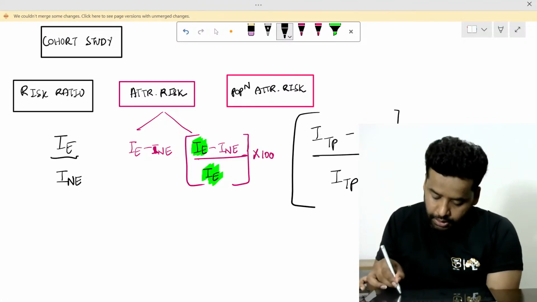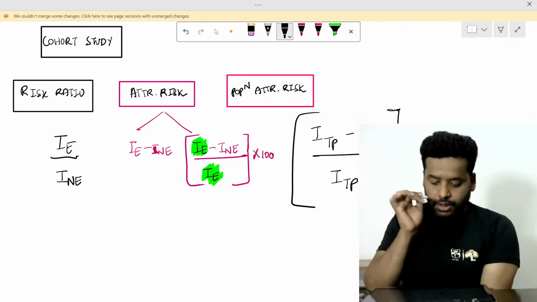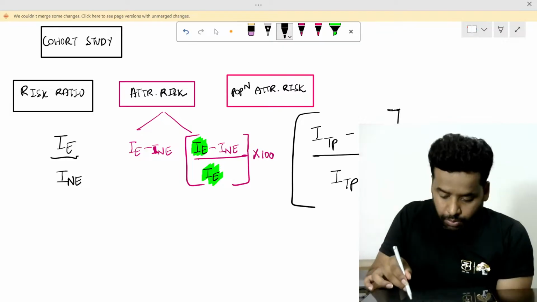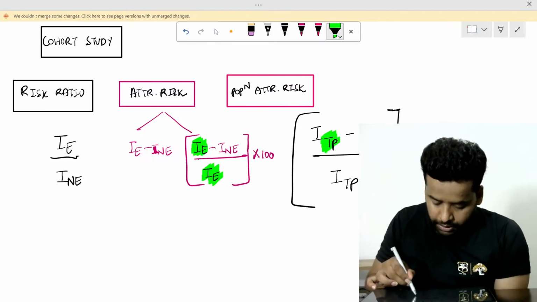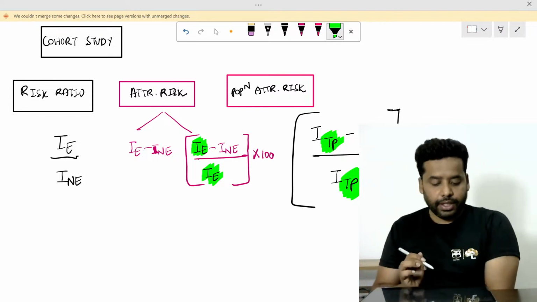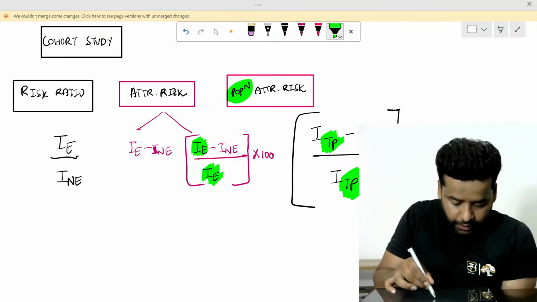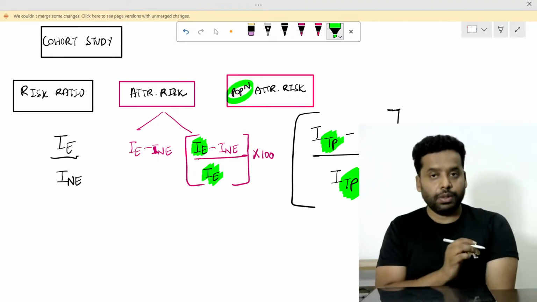This is the formula for population attributable risk. So if I want to check how much advantage I can give for the whole population if I can eliminate that risk factor, that is population attributable risk.